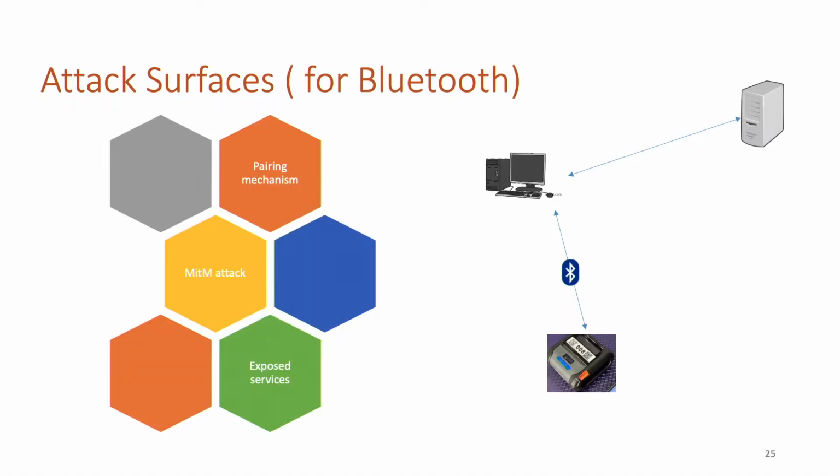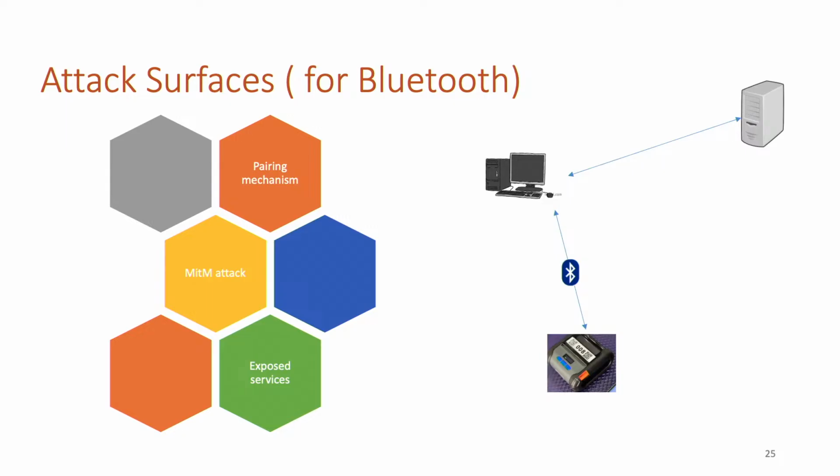What an attacker would do, if it is Bluetooth enabled and the attacker is within range, is search for that Bluetooth device and interact with its services, which happen on the GATT interface, G-A-T-T, and try to modify those services.